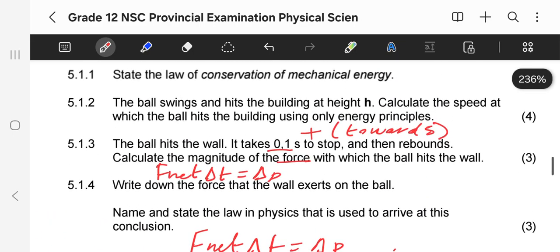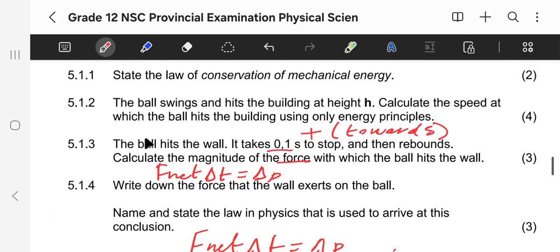For our velocities, guys, if we go to the statement, they are saying that the ball hits the wall, and then it takes 0.1 seconds to stop. So after it has stopped, it's going to then rebound. So towards the wall, our direction is positive, and then it will rebound. When it rebounds, it means that it's hitting the wall and then coming back, right? And if that's the case, we know that initially the ball was at 0. It hit the wall at a final velocity of 7.